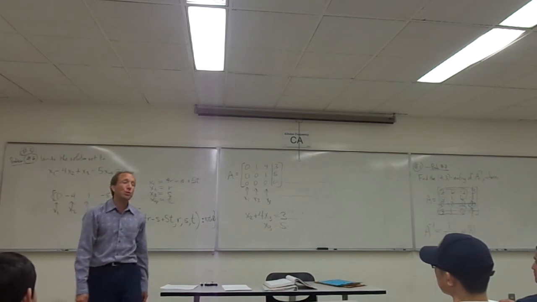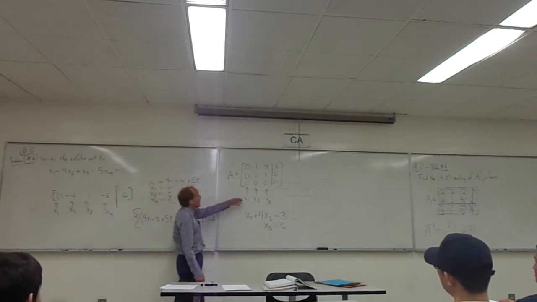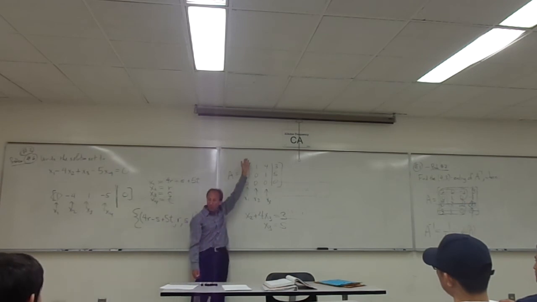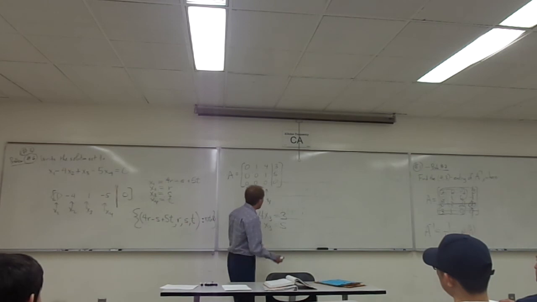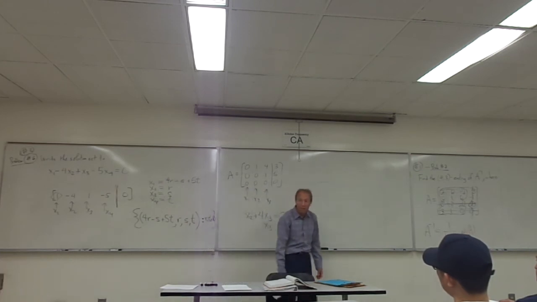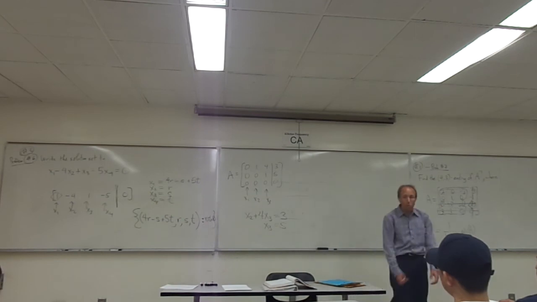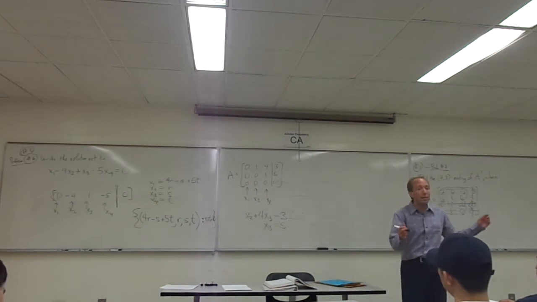But actually it's quite the opposite. When you get a column of zeros like that, it really means that whatever variable corresponds to that column doesn't show up in any of the equations. And a variable could never be freer than that. If the variable never shows up, then it can be any number you want.